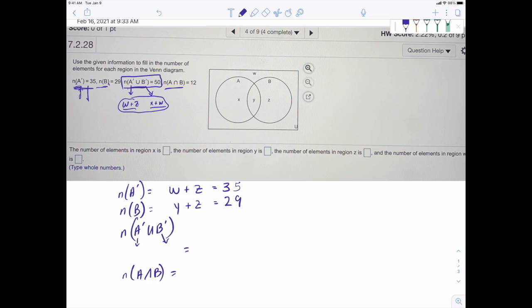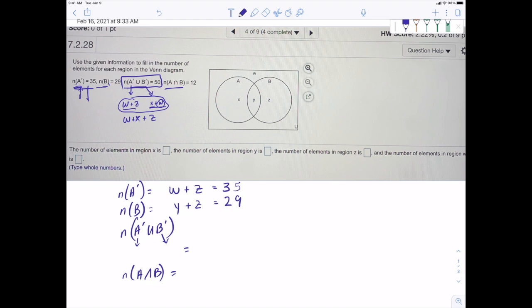So the union is W. Well, W's in both of them. We don't count it twice. The union doesn't count things twice. So we have W plus X plus Z.